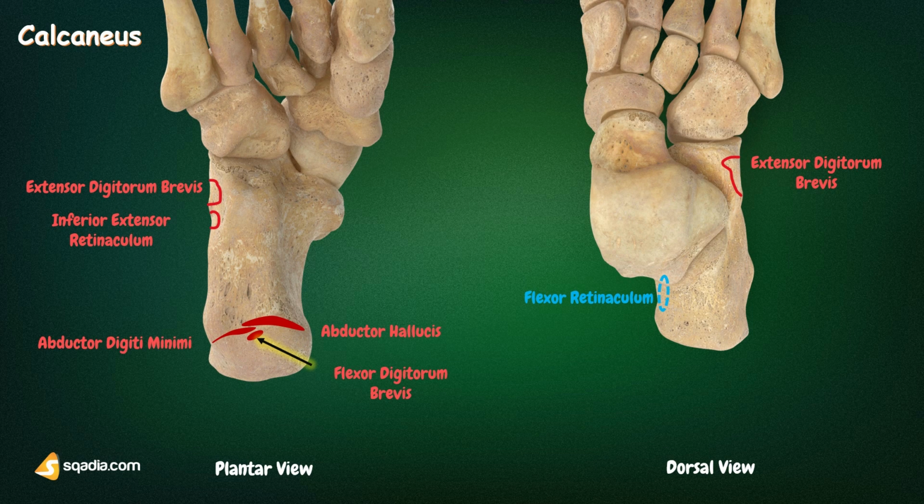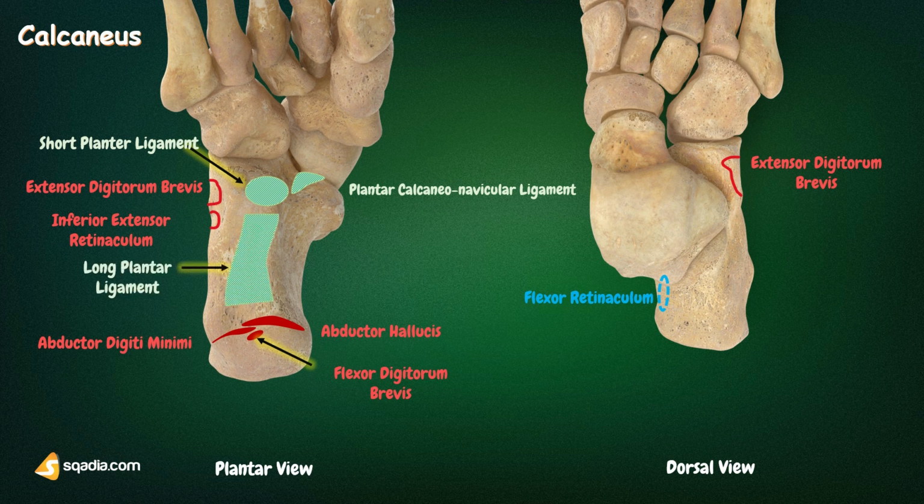And focusing on the lateral process, abductor digiti minimi is present there. Abductor hallucis and flexor digitorum brevis muscles are also present there. A rough region is present between the medial and lateral processes. This region provides an attachment site for the plantar ligament. The plantaris muscle is attached just near to the calcaneal tendon.